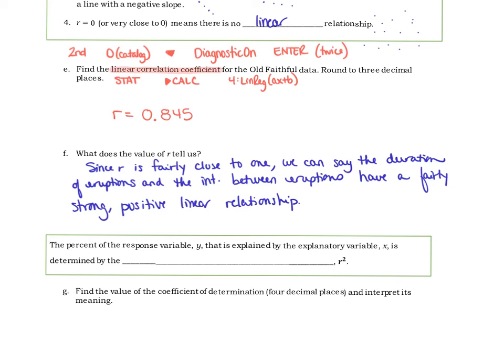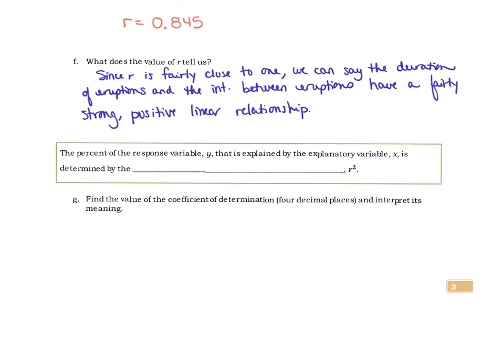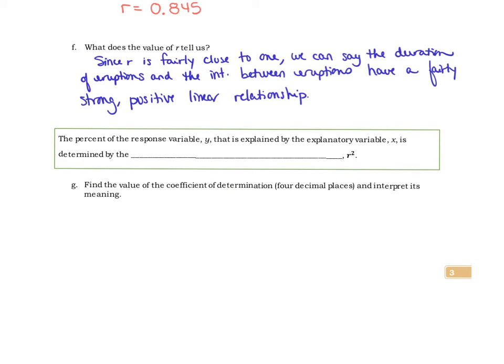All right, the last thing we're going to get here in this one is the percent of the response variable y that is explained by the explanatory variable. And response, okay, so this would be, again, our dependent and explanatory independent, and those words get switched around a lot.